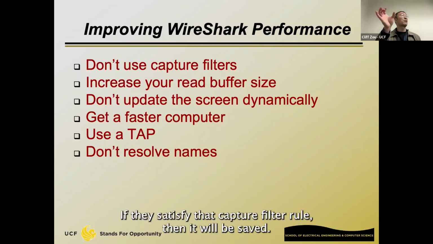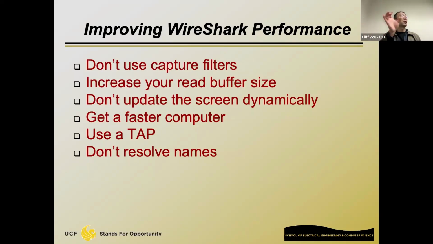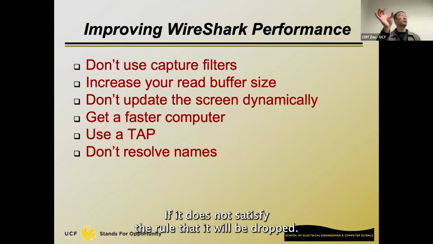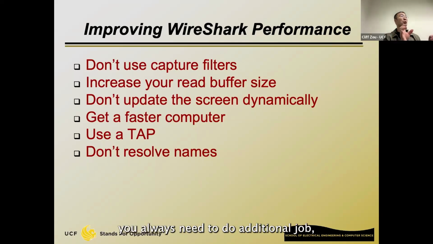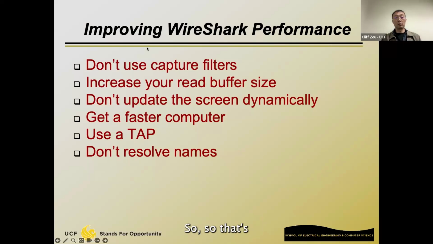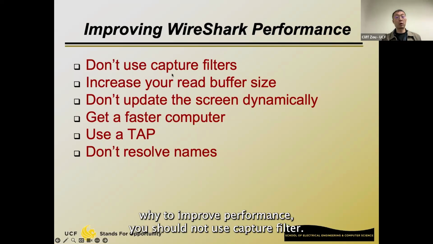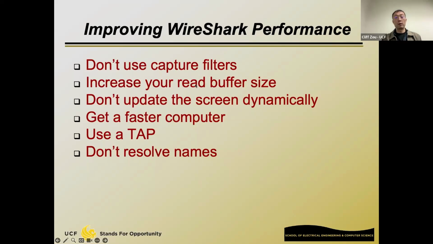If it satisfies the rule, then it will be saved. If it does not, then it will be dropped. So you can see that with the capture filter, Wireshark needs to do additional work for every packet. That's why, to improve performance, you should not use a capture filter.